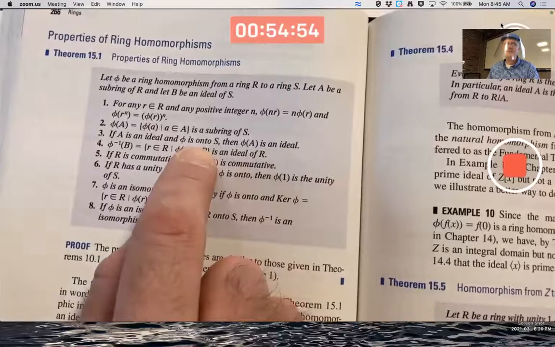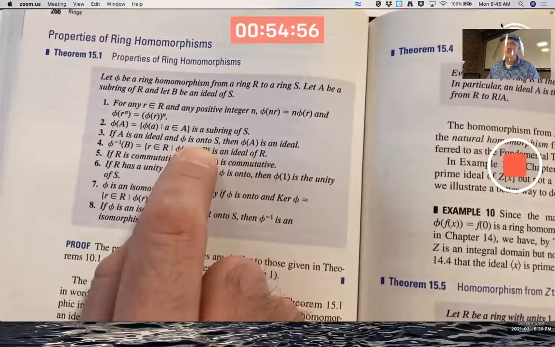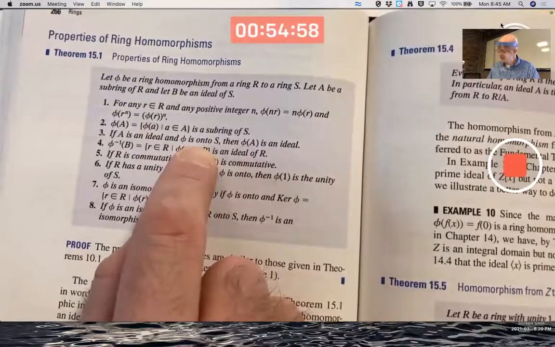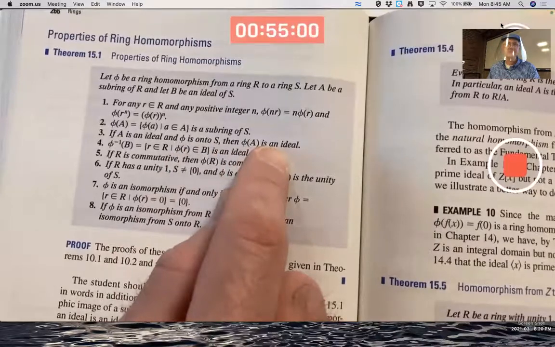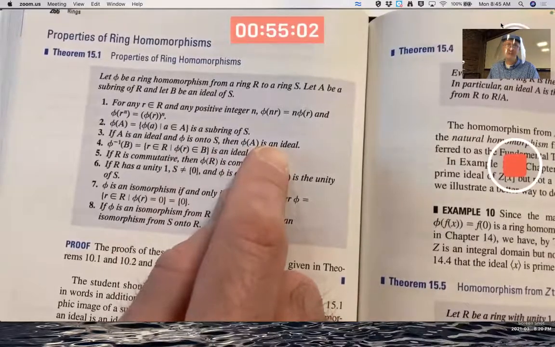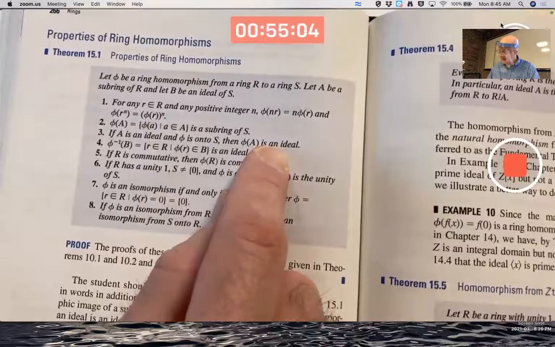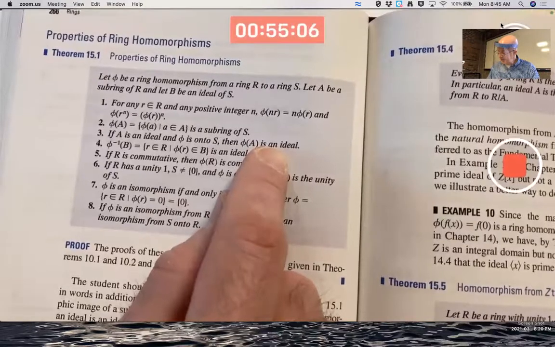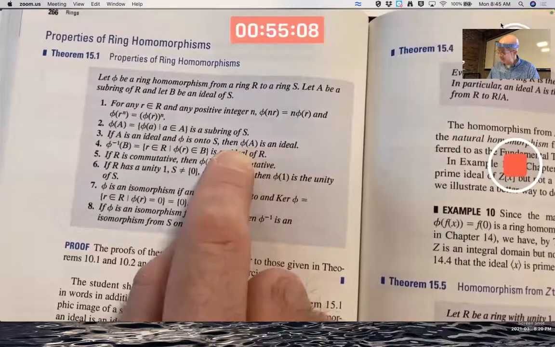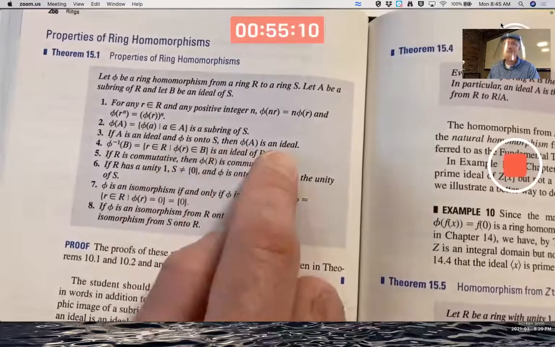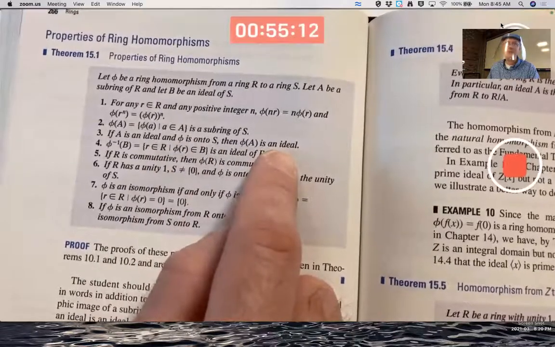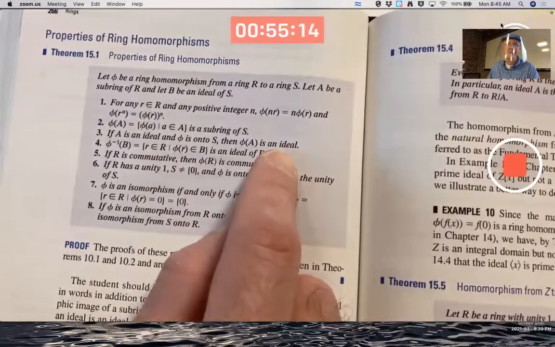So that's a little bit of a thing to watch out for. You need to know that phi is onto for it to be an ideal. Are there examples of non-onto ring homomorphisms where even when A is an ideal, phi of A is not? There must be, although I can't think of any off the top of my head.